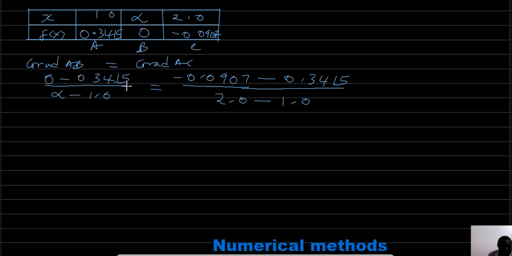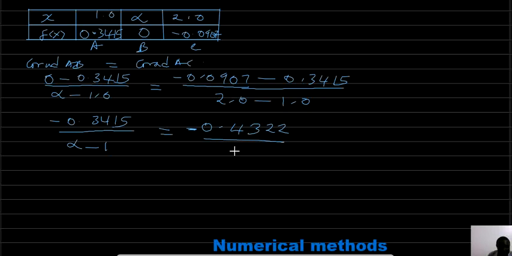So 0 minus 0.3415 gives negative 0.3415 all over alpha minus 1, equal to negative 0.4322 divided by 1.